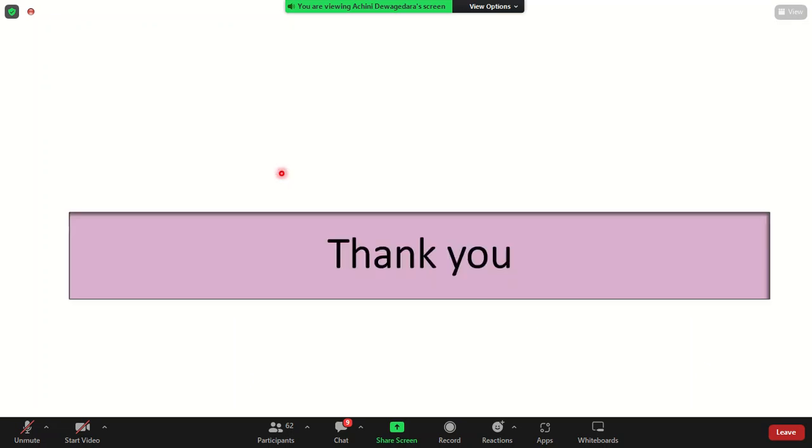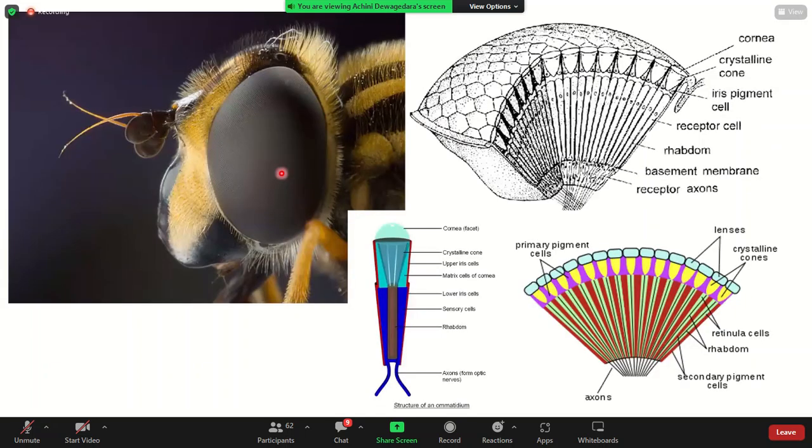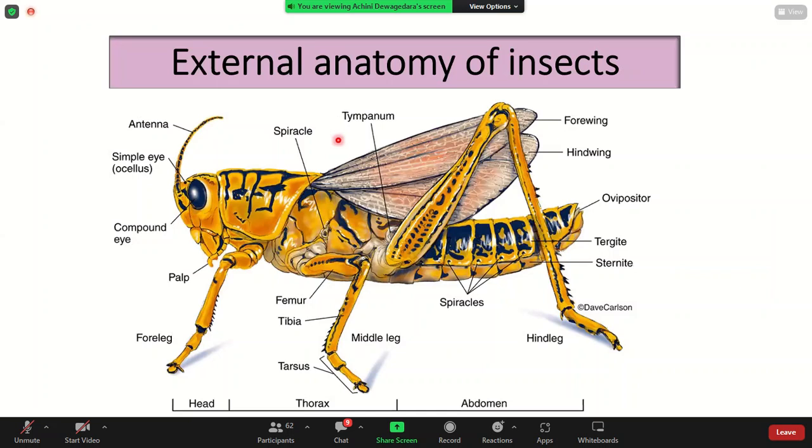So with that, we are going to wind up the first session on the external anatomy of insects. We discussed the head, thorax, and abdomen. And under the head, we discussed antennas, compound eyes, simple eyes, and the mouth parts.